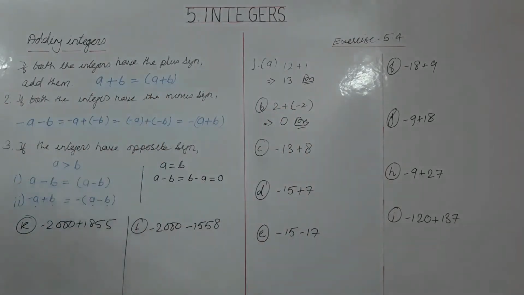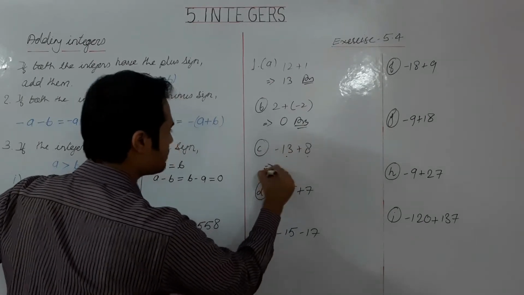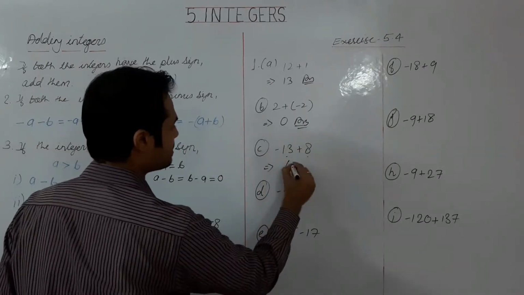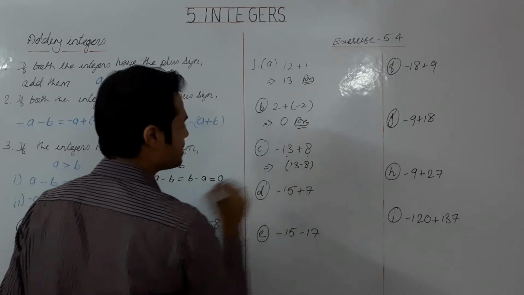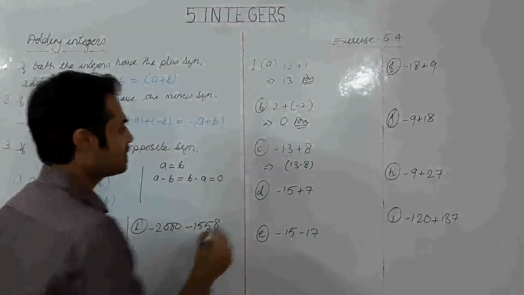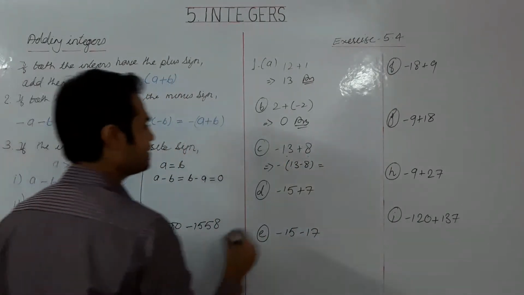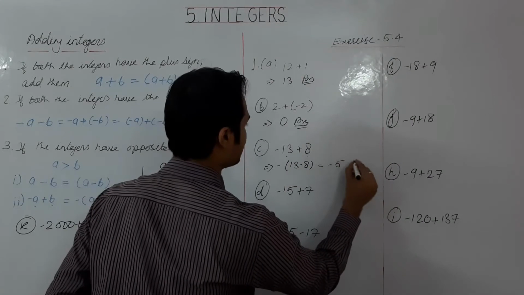The third case, first number is negative, second number is positive, and 13 is greater than 8. So what to do? In bracket 13 minus 8, the difference of these two numbers, greater minus smaller, and the negative sign. So 13 minus 8 is 5 with a negative sign.